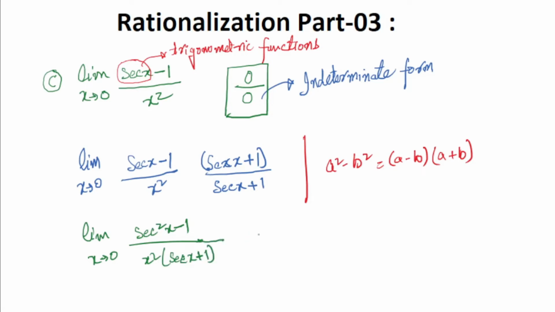One thing we know here, the trigonometric identity 1 plus tan square x is equal to sec square x. So tan square x is equal to sec square x minus 1. So we can directly put tan square x at the place of sec square x minus 1.